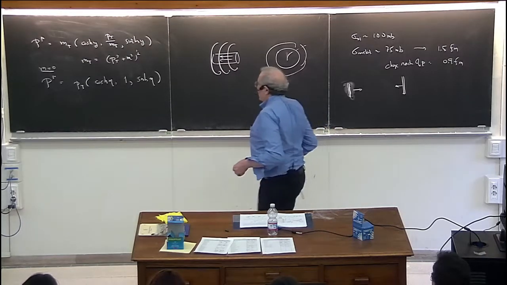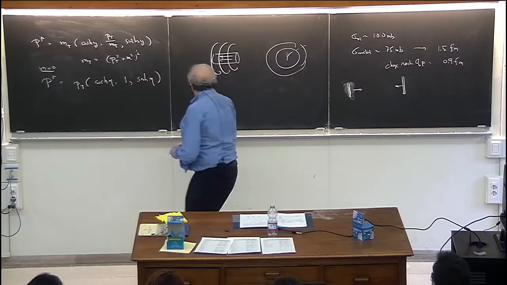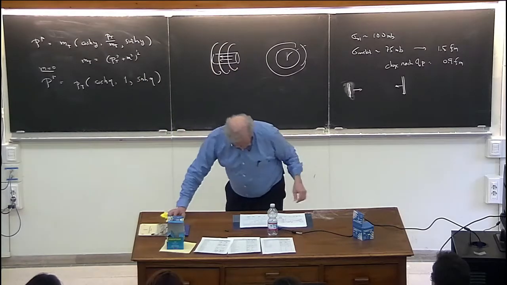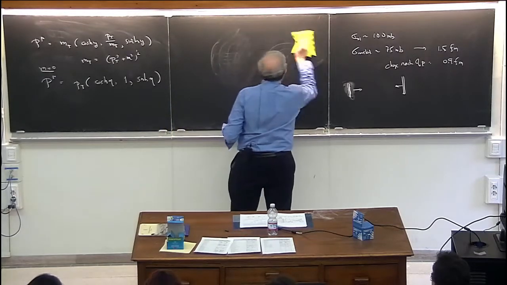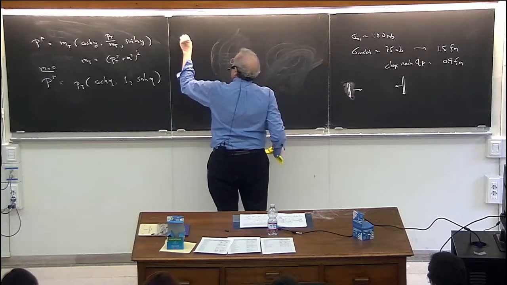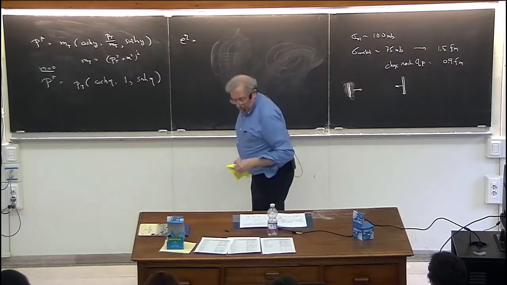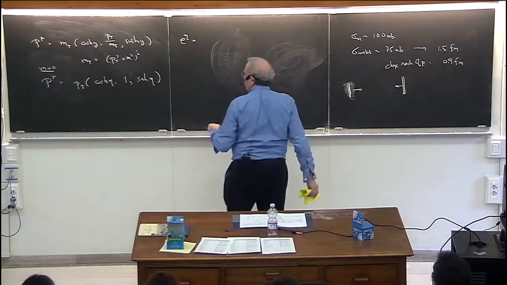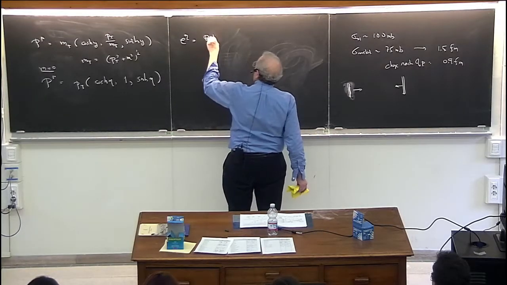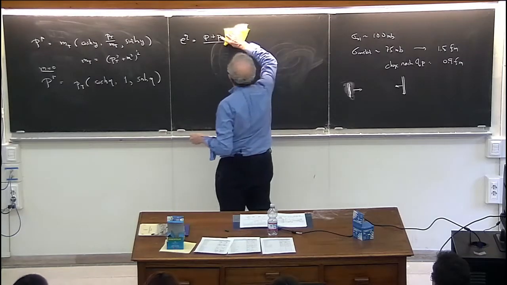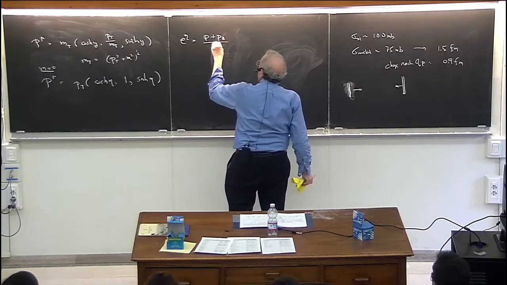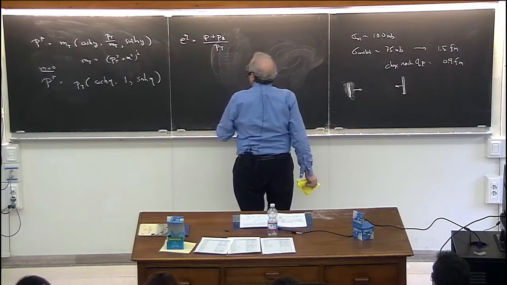Well, now we can solve for eta. So you can see from that formula that e to the eta is equal to the total momentum plus the p parallel, the p3, divided by the pt.